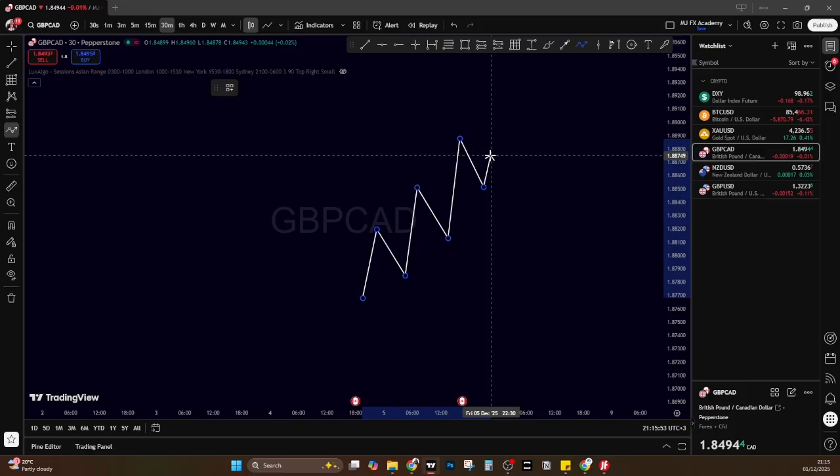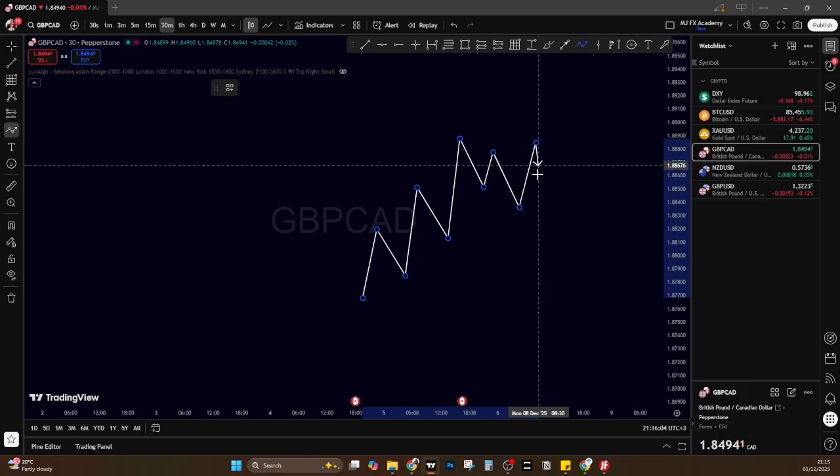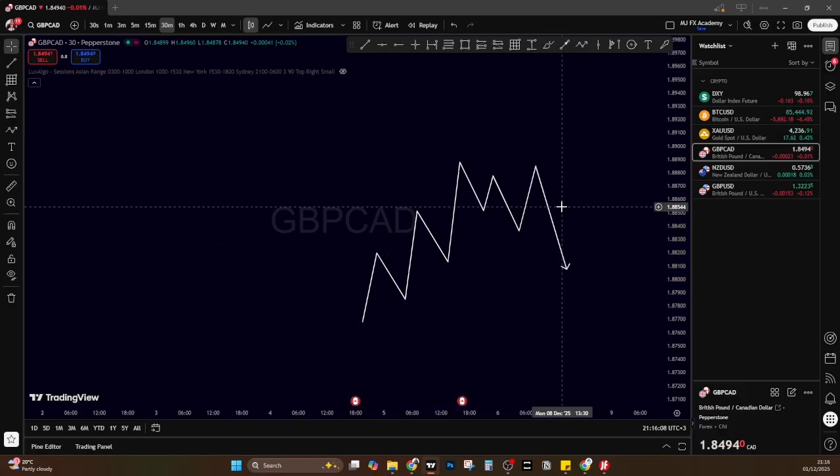So instead it does something like this. It will come here, break this structure, then come and take out this, then continue coming down like that.